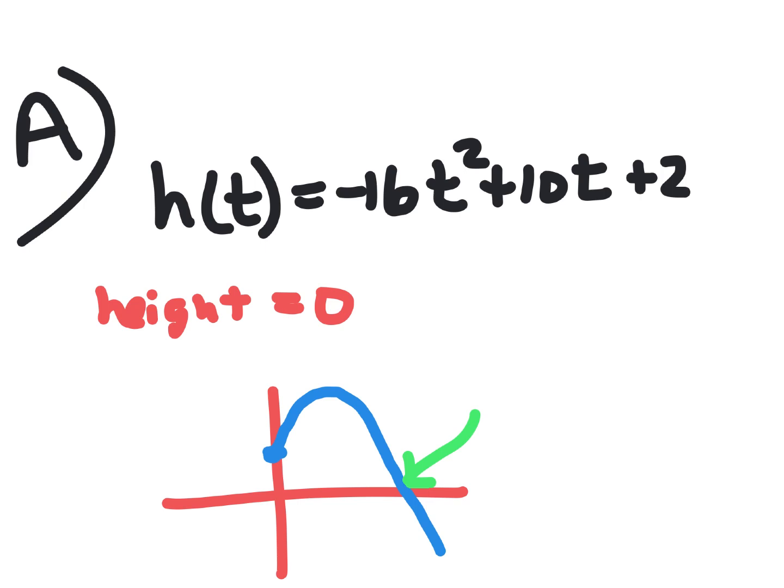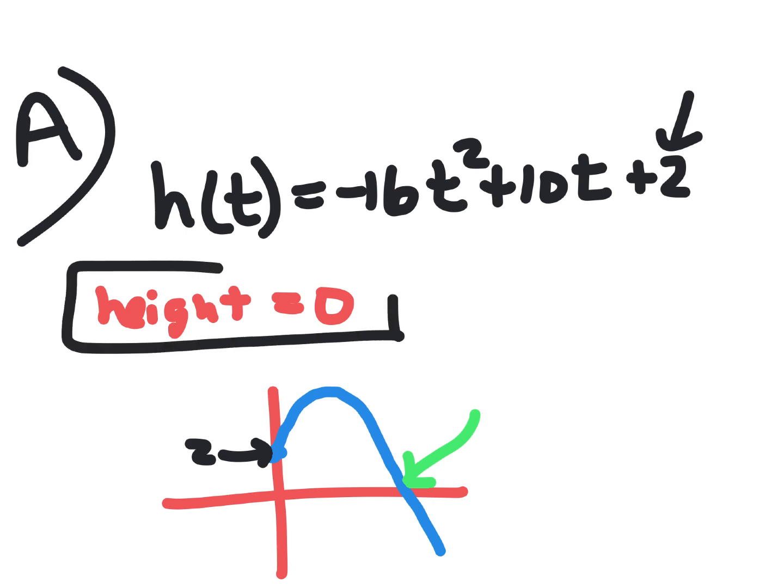All right, Ian, height is 0. Where do I put it? In place of 2? Nope, because that's the starting height. And this is not that. This is when we started, that's this 2, that's right here. Oh, for t. Okay, t is the time. If the height is 0, did I say that the time was 0?